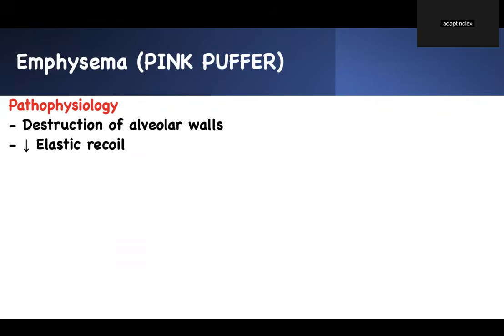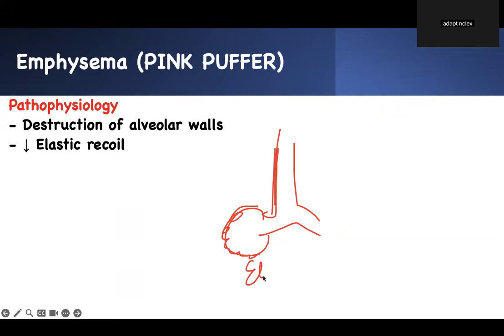there's a difference between emphysema. Emphysema, remember, there's no mucus secretion, right? If this is the airway, in the alveoli there is something we call elastin. Elasticity, like something that can recoil.